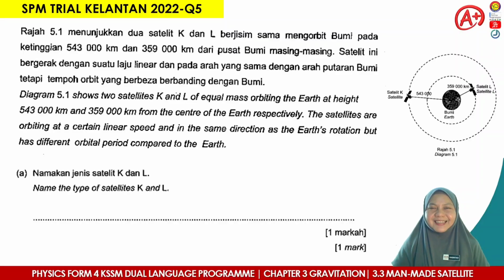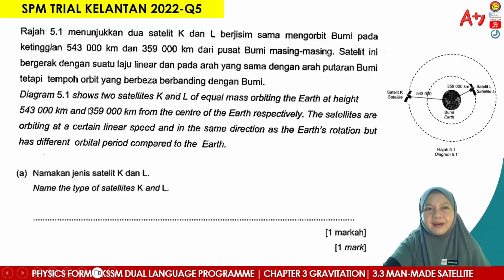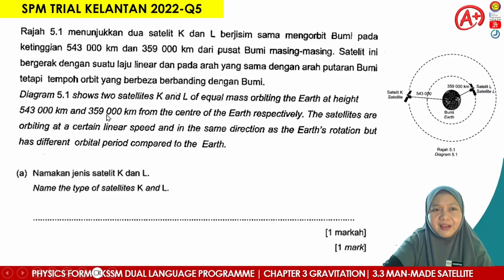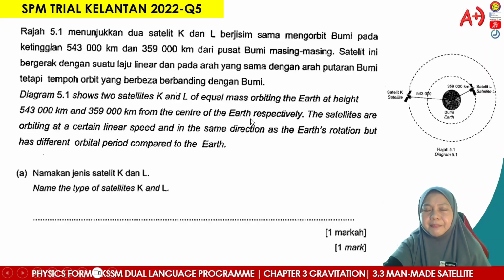Okay, student, as our final exercise, let us try to figure out an example of an SPM trial question. Now here we have Kelantan 2022, question 5. You are given diagram 5.1. It shows two satellites K and L with equal mass orbiting the Earth at a height of 542,000 kilometer and 359 kilometer from the center of the Earth respectively.